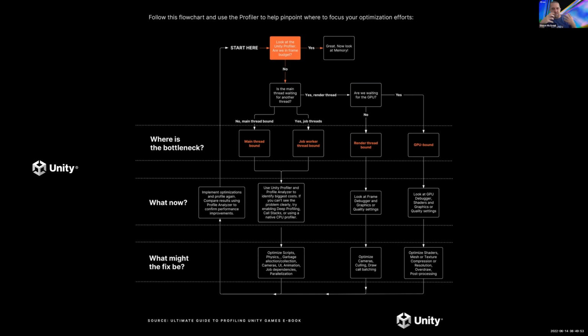That's about becoming familiar with how games look, and specifically how your game looks, viewed through the lens of the profiler, so that you can start to identify what happens when it deviates away from optimal performance.